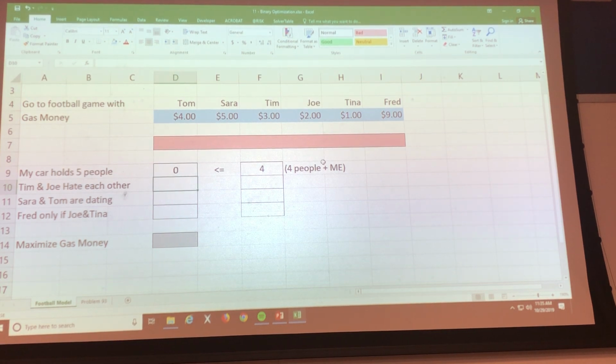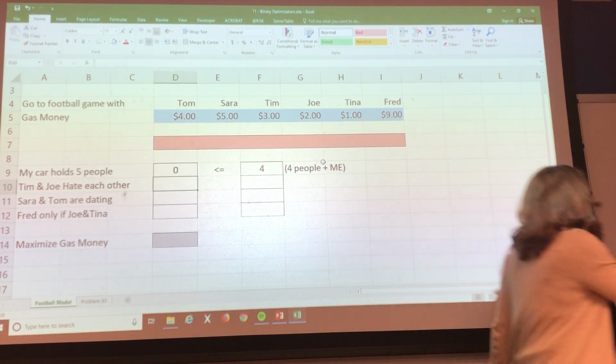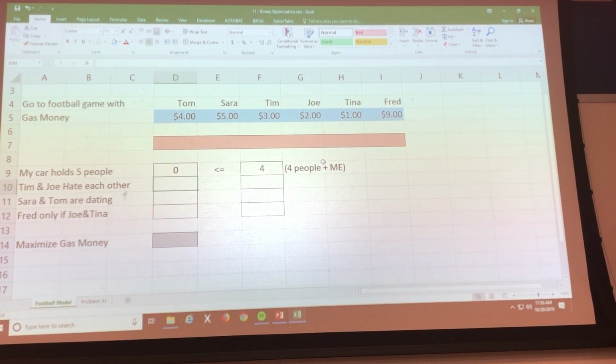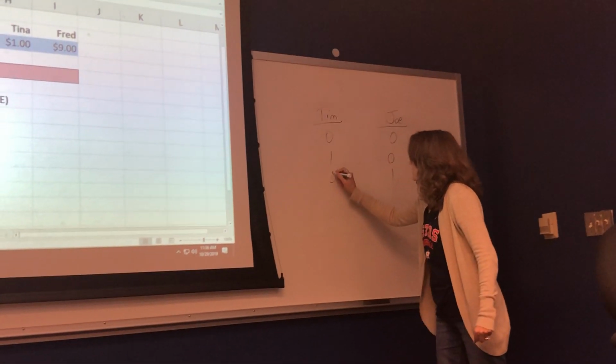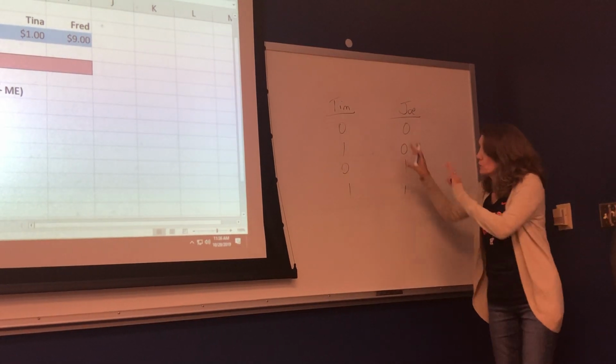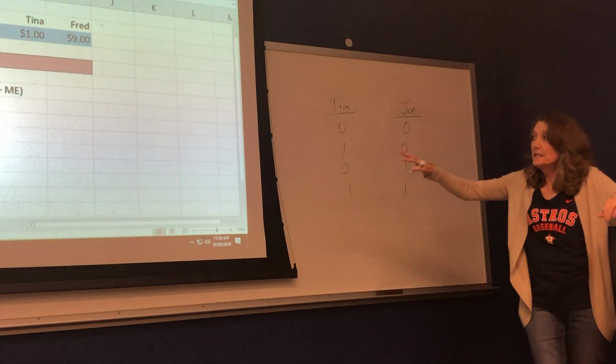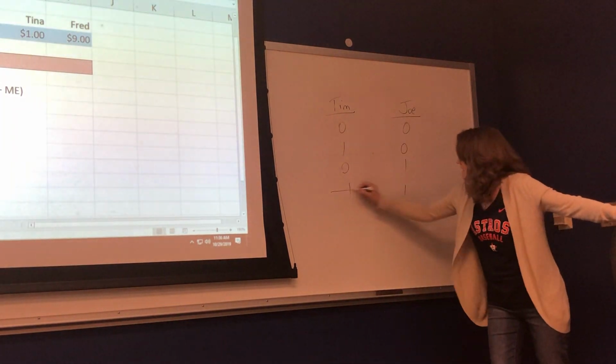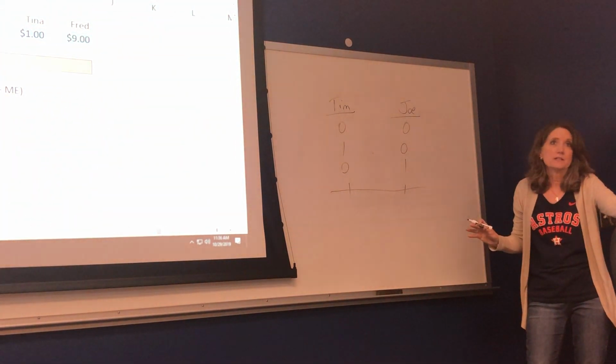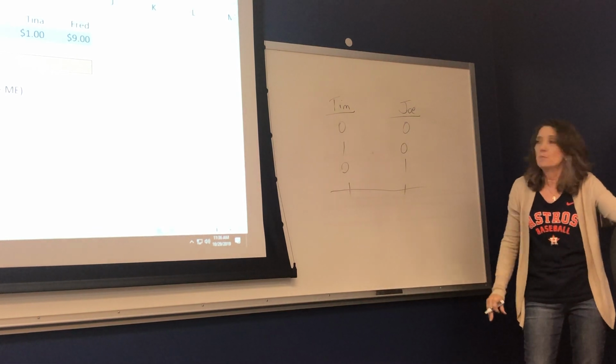Then we start getting into ones we're going to have to think about a little bit more. We've got Tim and Joe, they hate each other, but the combinations that could occur would be: neither one of them goes, Tim goes and Joe doesn't, Joe goes and Tim doesn't, or both go. Those are the combinations that could happen, but we've just said that because they hate each other, the both going one is not an okay combination.